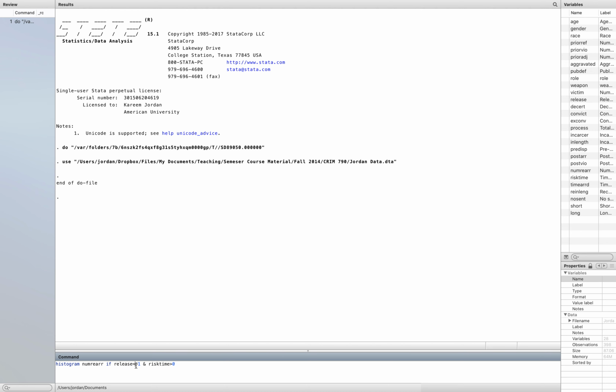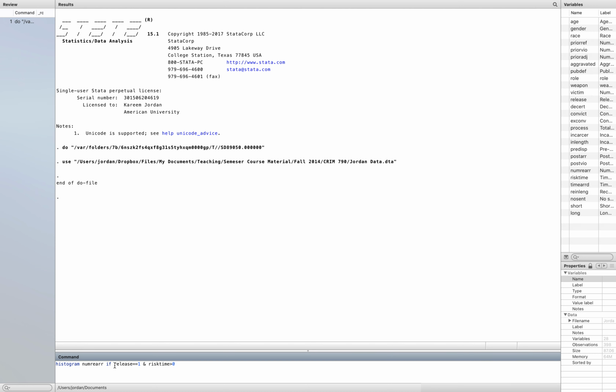In Stata, if you're looking at a subset that equals a particular value, you've got to use the equal sign twice. So release equals 1. We're looking at those who were released, because 1 means they were released, 0 means they were not released.